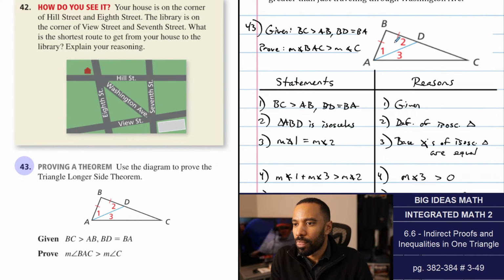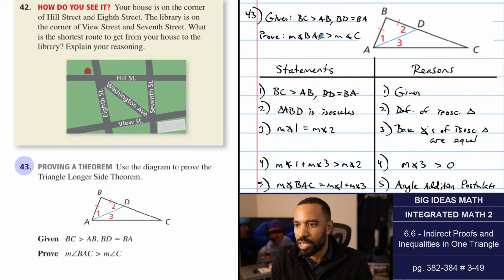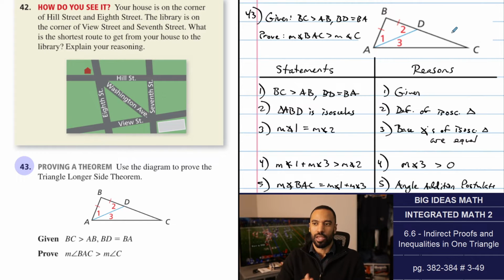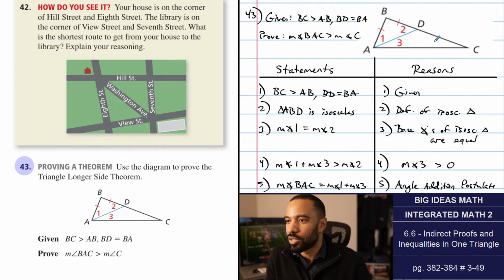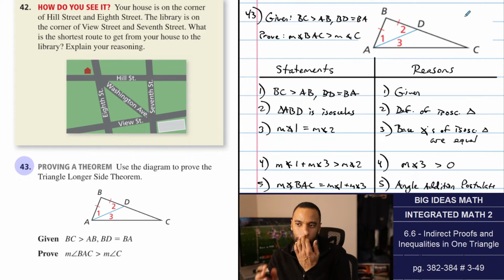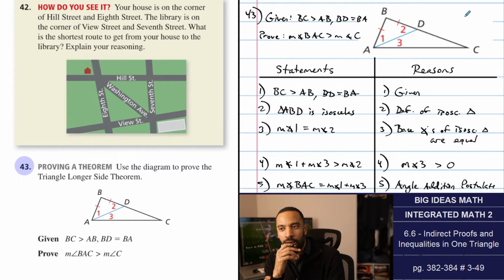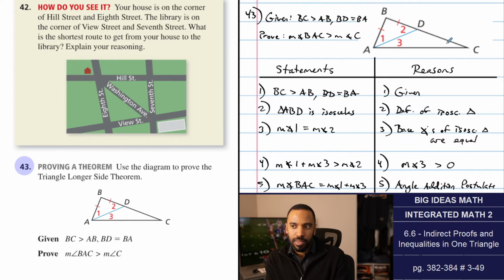Now, I need to prove measure of angle BAC is greater than measure of angle C. Oh, I didn't notice that. Okay, I can still use that. I just don't know where I can go with it. C has this same side opposite.